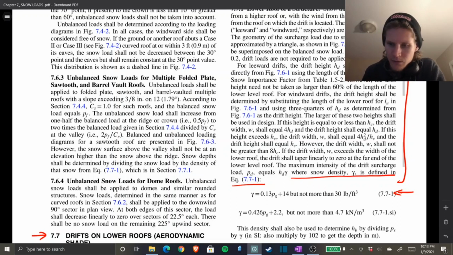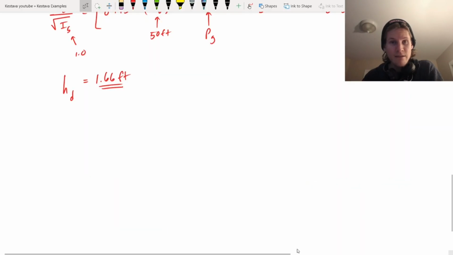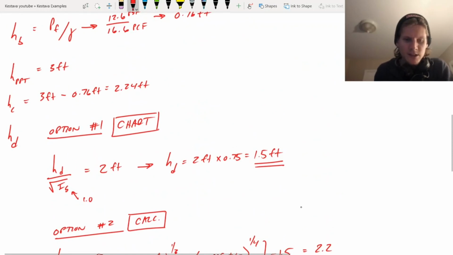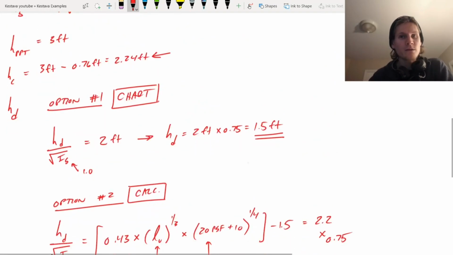You find the width of your drift based on some different options here. Starting right here, if this height is equal to or less than h_d or h_c, and we're talking about h_d right now, the drift height that we just solved for, if h_d is equal to or less than h_c, the drift width w shall equal 4h_d. Let's go back and see, do we have that case? If we scroll back up, h_c we know is 2.24.